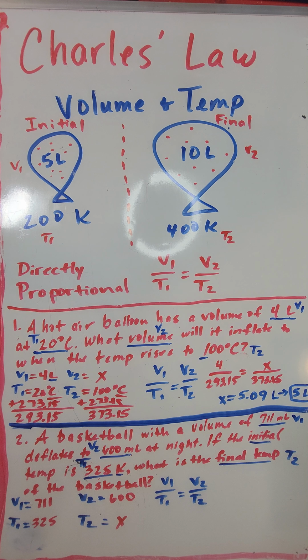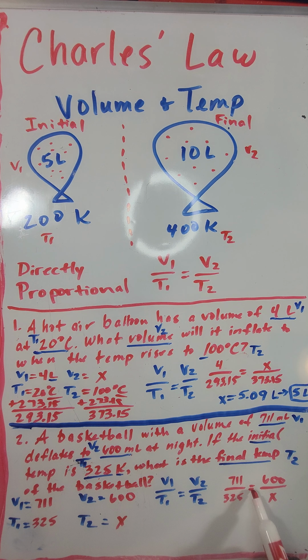All right, we're going to plug in our numbers. So for V1, we got 700 over T1, which is 325 equals V2, which is 600 over T2, which is X. If you cross multiply, and let me say this, because this is somewhere my kids mess up. When you cross multiply, let me say 2 things. Number 1, the reason we can cross multiply is because it's a fraction equals a fraction.